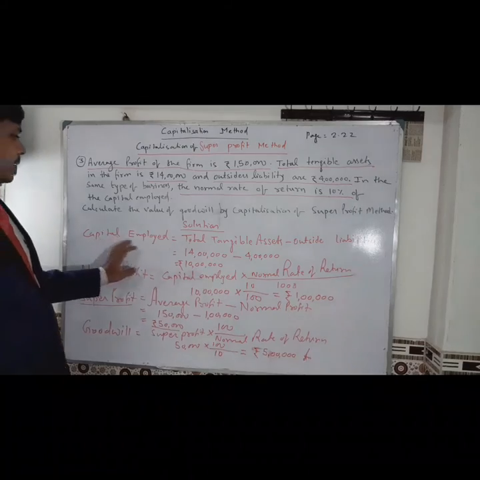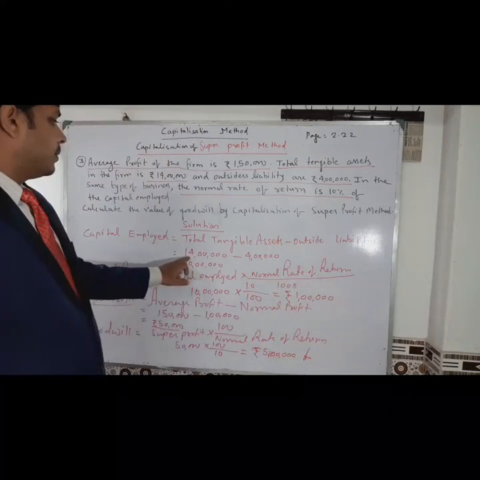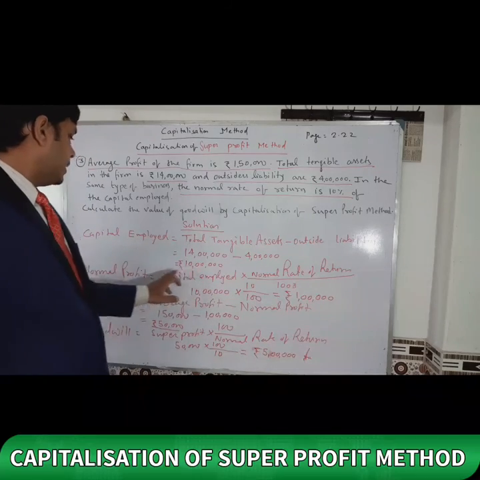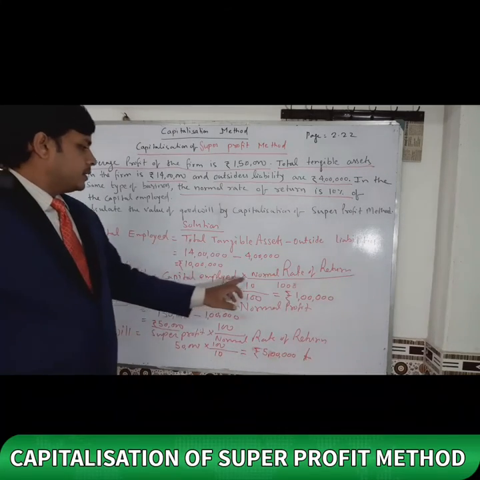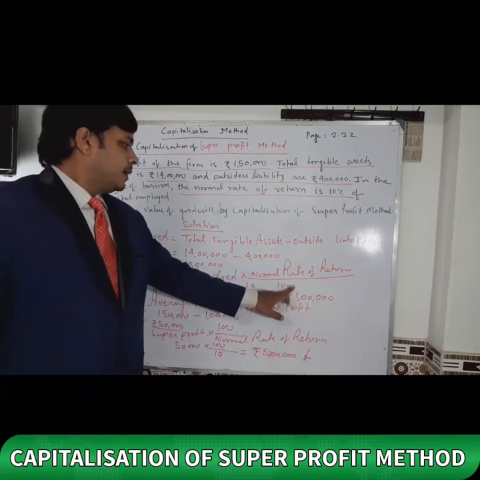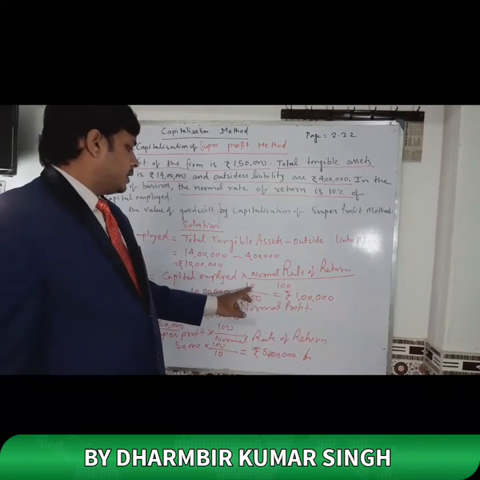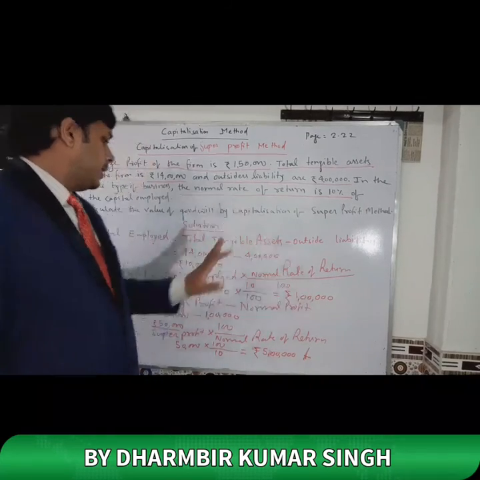Please see it again. Capital employed is equal to total tangible assets minus outside liability: 14 lakh minus 4 lakh is equal to 10 lakh. Normal profit is capital employed into normal rate of return divided by 100, so 10 lakh into 10 divided by 100 is equal to 1 lakh.